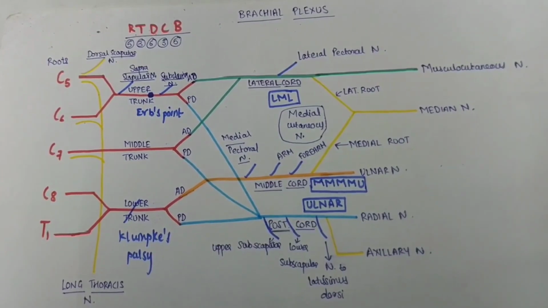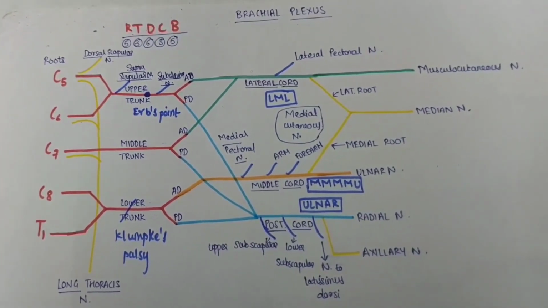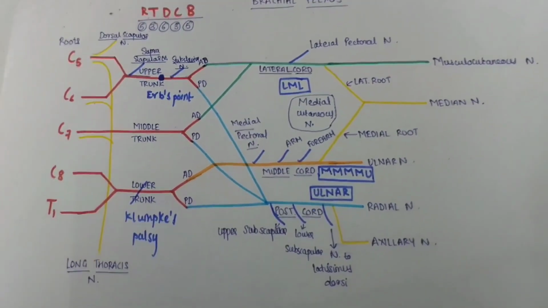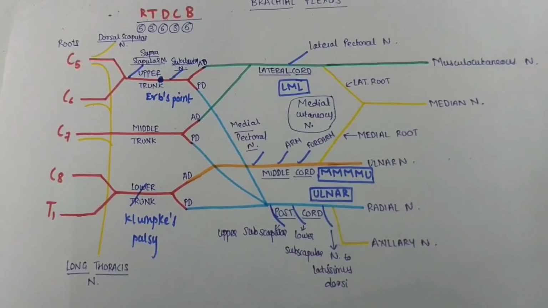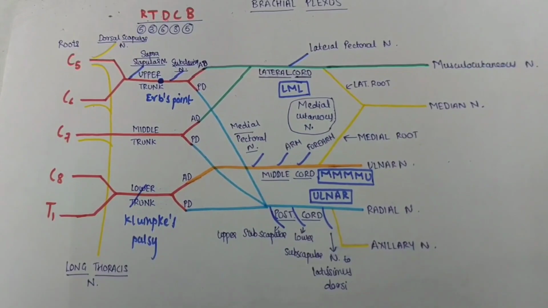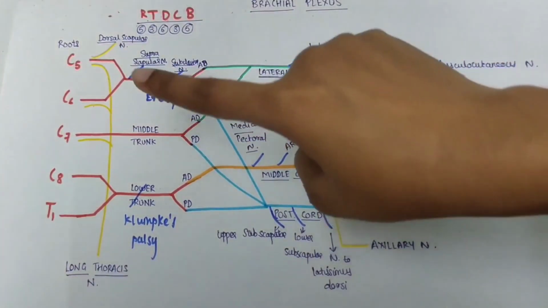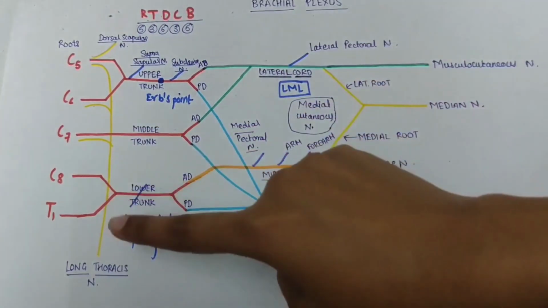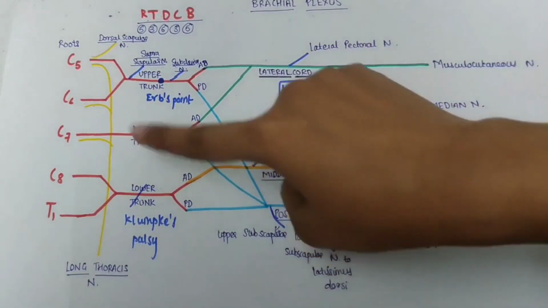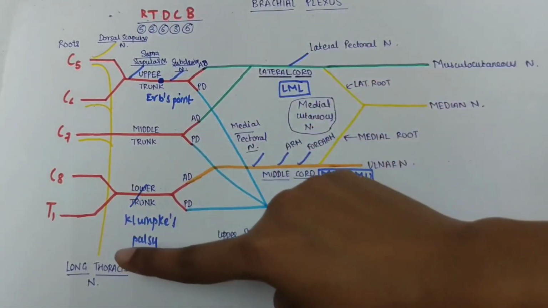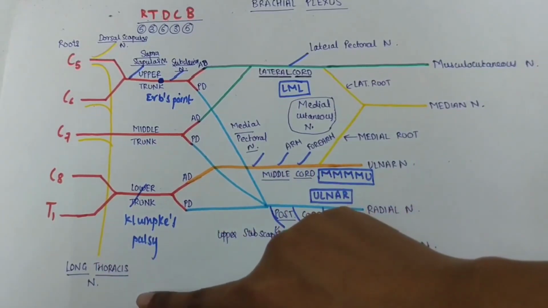Out of these branches, there are other branches. One supplies the serratus anterior muscle, which is the long thoracic nerve. The branches from C5, C6, C7 together combine and form the long thoracic nerve.